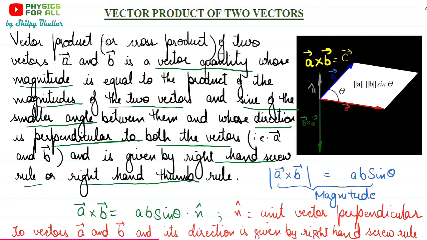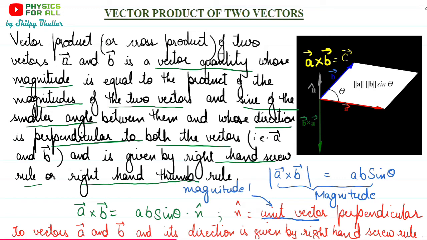Whenever we find the magnitude of any vector quantity, we only deal with the magnitude of it. We leave the direction part, because after all we are just talking of the magnitude. So this n cap is a unit vector, that means it has magnitude 1. So 1 multiplied by this thing would remain the same. So AB sine theta is the answer.